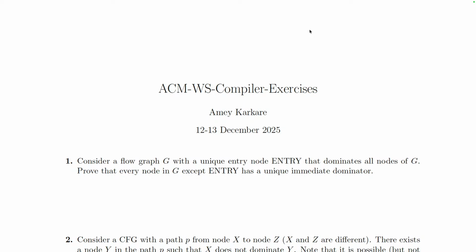Okay. Now there are two more things. One is, except entry. Clearly you can show that entry does not have a predecessor, so entry cannot have an immediate dominator. The immediate dominator has to be something other than entry itself. That part you can prove, and you have to prove that every node has a unique immediate dominator. So we have proved that if it exists, it is unique. Can it happen that a node does not have any dominator?